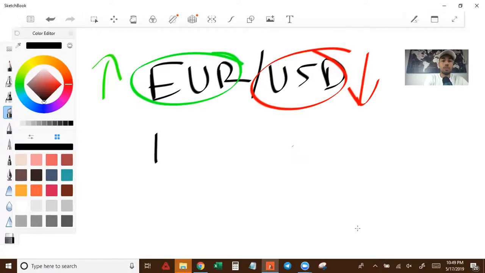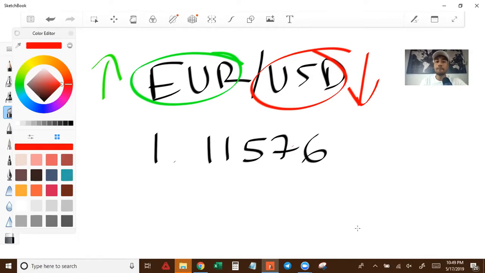1.11576. Okay, so when it comes to the pips, the number all the way to the right is just way too small of a number, so we don't really pay attention to it. This is what we call a pipette. We're going to act like that does not exist.